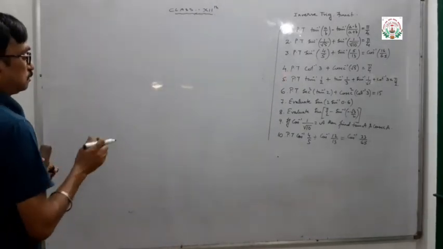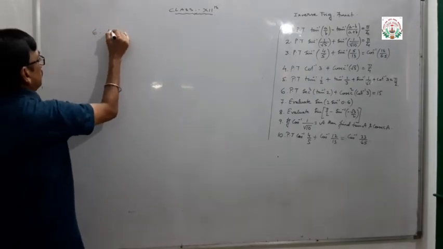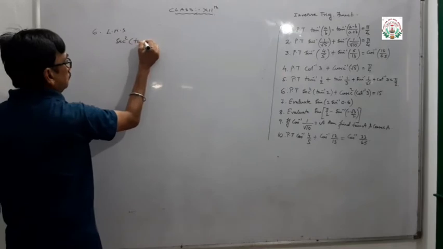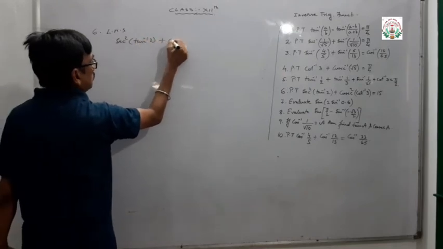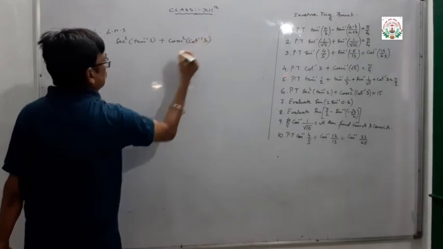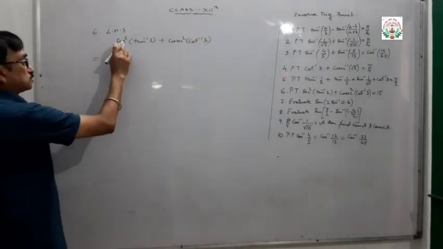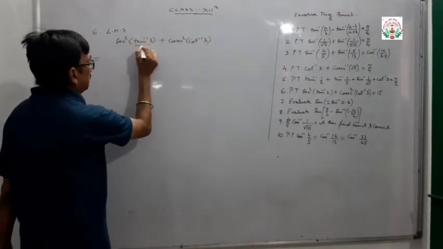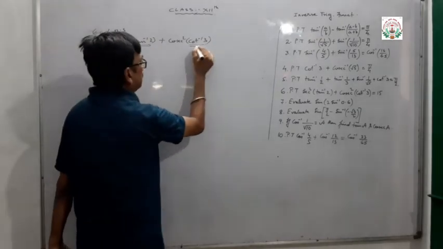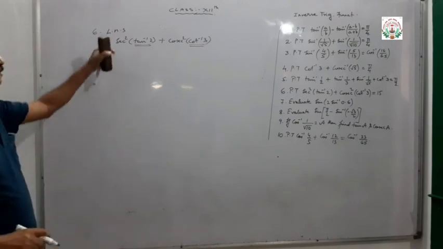Question number 6 is the most important question. LHS: sec square tan inverse of 2 plus cosec square cot inverse of 3. As we know, sec square, this we are considering as theta, and this we are considering as alpha.